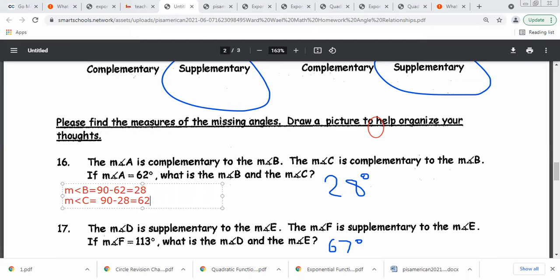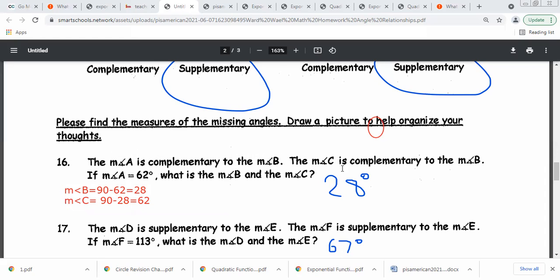Okay, then what is the measure of angle B? We said that the measure of angle B will be equal to 28, and the measure of angle C will be equal to 62.